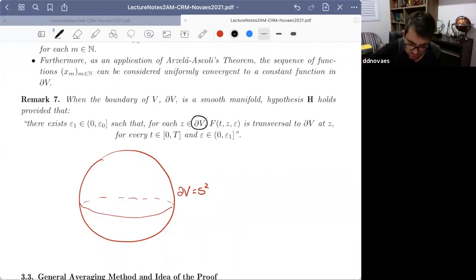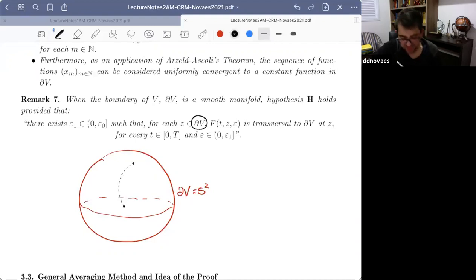So suppose that we have a solution, not periodic, that starts inside V and eventually reaches the boundary of V at some point. It's hard to draw it.